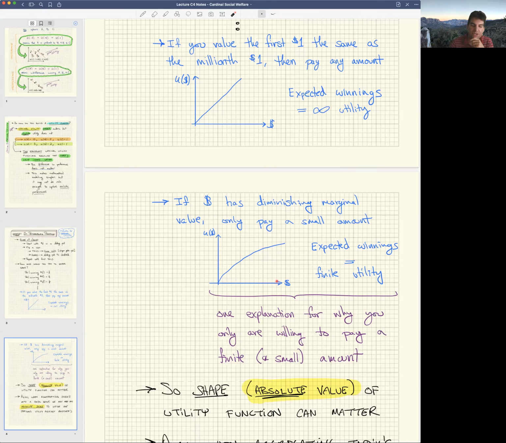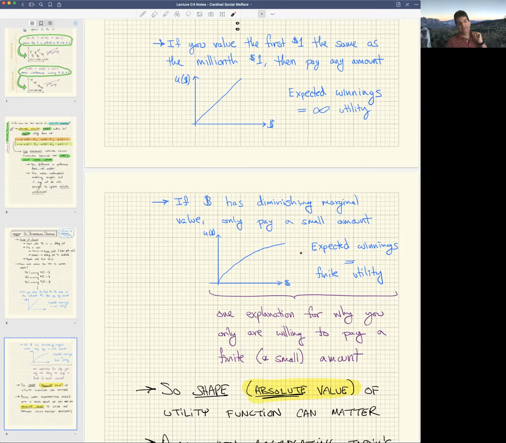If you start with a lot of utility, then the next marginal unit of the quantity, dollars, gives you not that much utility. And that's what is being modeled by this concave utility function.